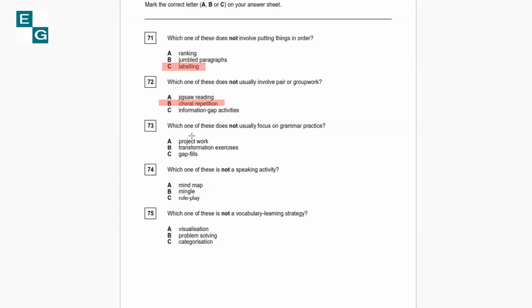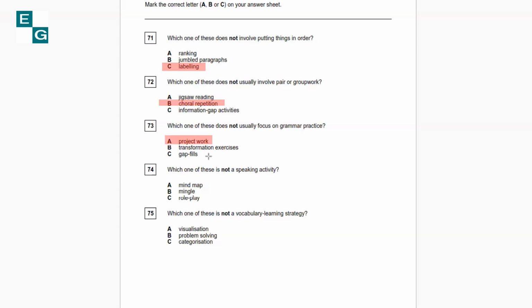And then it says, which one of these does not usually focus on grammar practice? So, project work has nothing to do with grammar, because transformation exercises, when you give students an affirmative sentence and you want them to change it into a negative sentence, involve grammar, and gap fills also involve grammar.